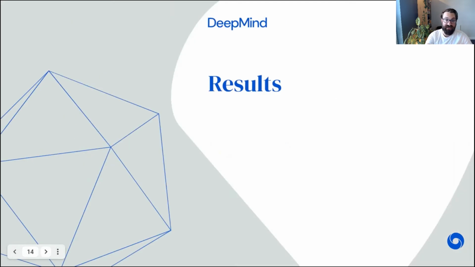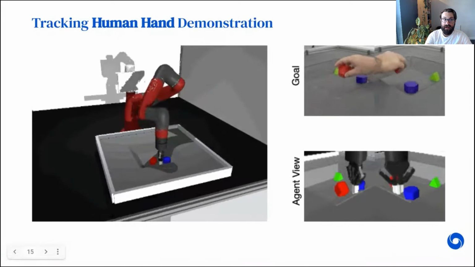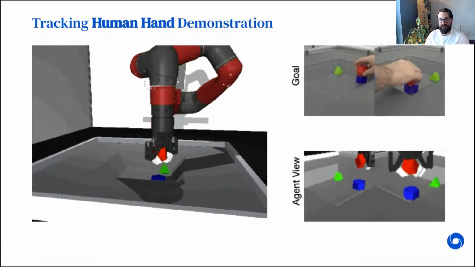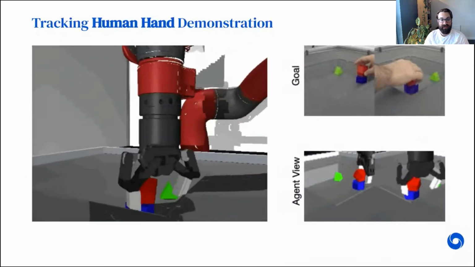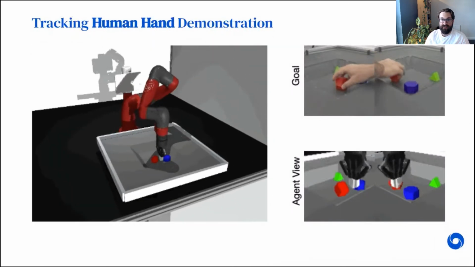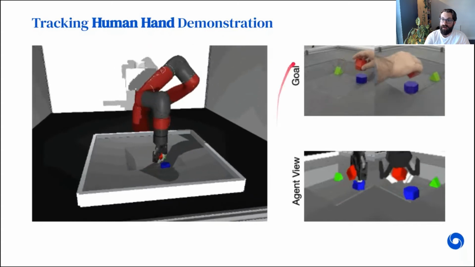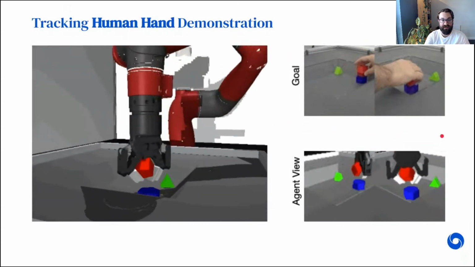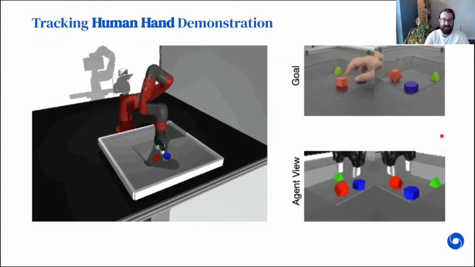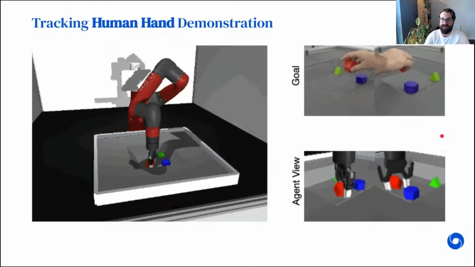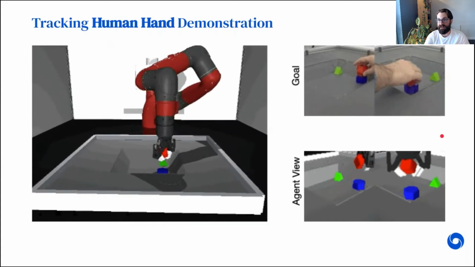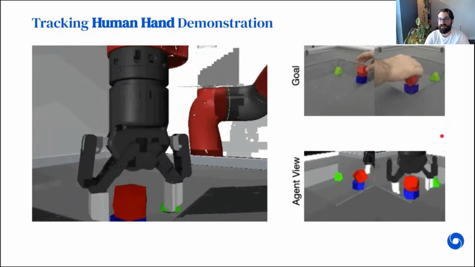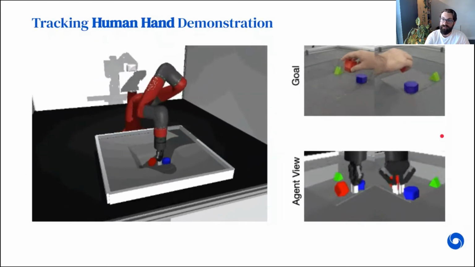Okay, so time for some results now. I'm going to immediately show how we're able to track a demonstration by a human hand. So here on the top right, I'm showing the sampled goals from a trajectory that was demonstrated by somebody in the lab, and we have two cameras for our observation, a front left and a front right camera.